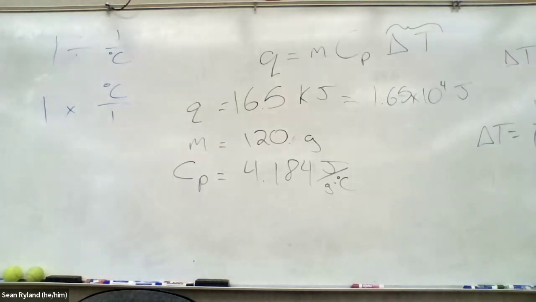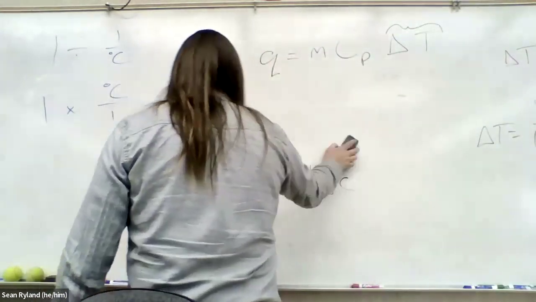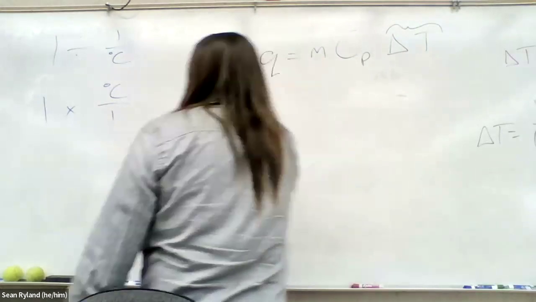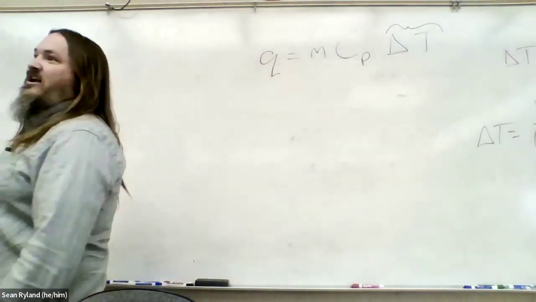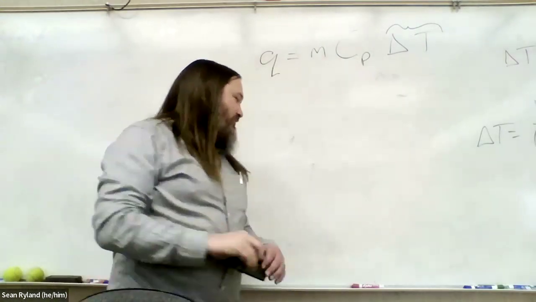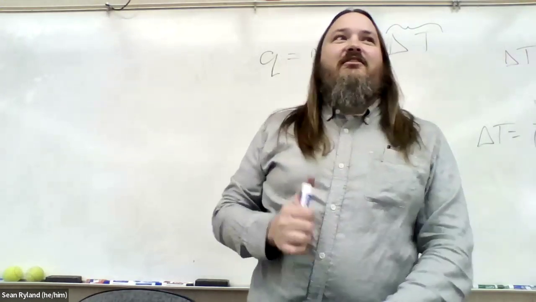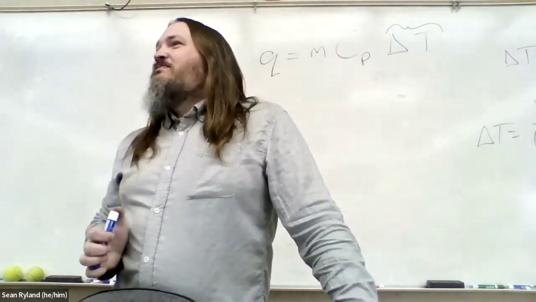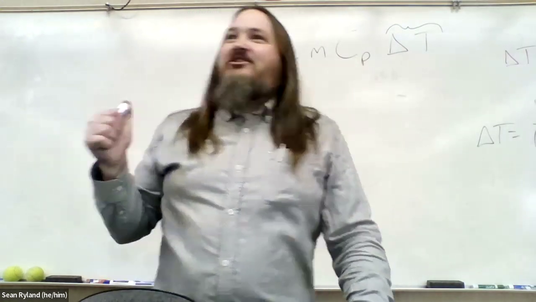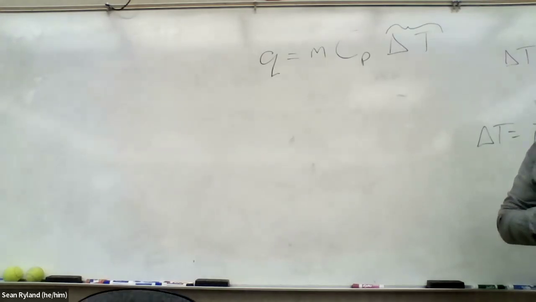All right, so if the water started at room temperature, what's the final temperature going to be? What do we have to do to figure that out? What's room temperature? 70. So if you're thinking in Fahrenheit still, you just made more work for yourself because you got to convert 70 Fahrenheit into Celsius before you can add these.